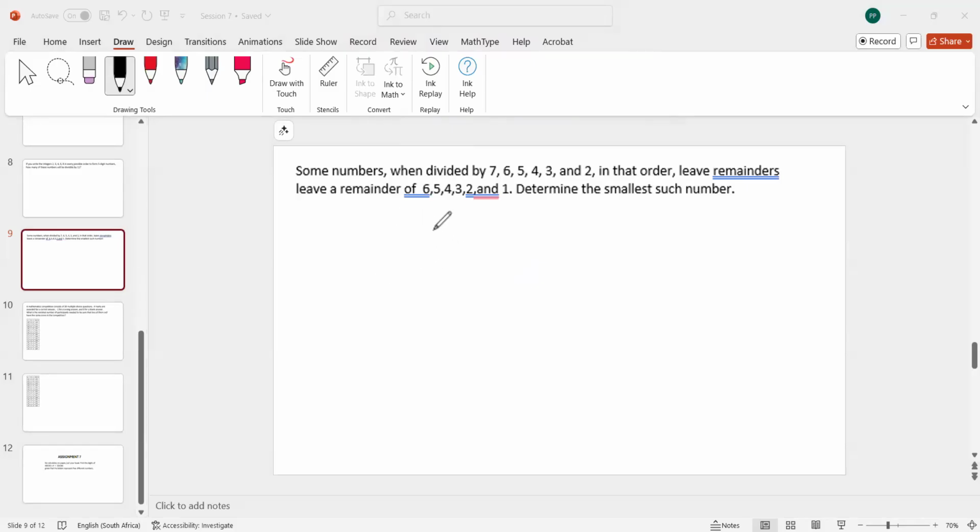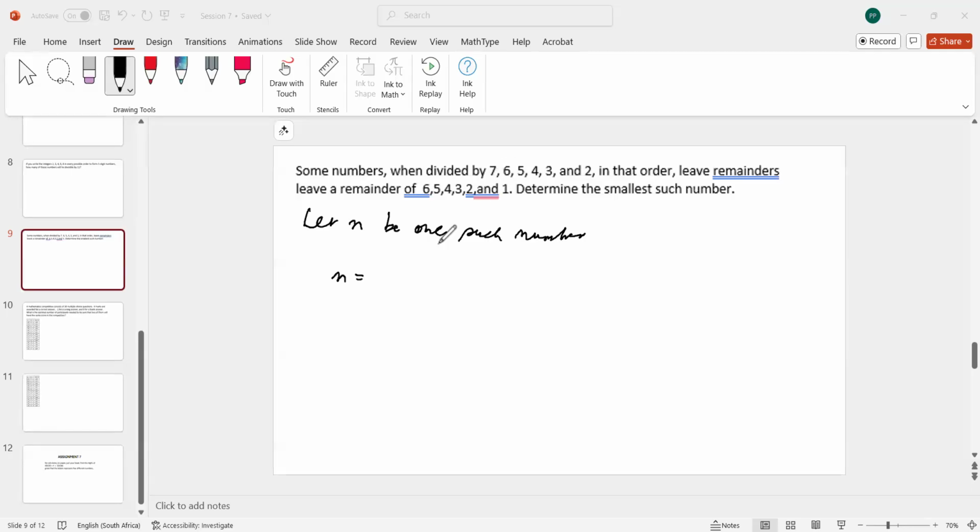Or maybe not. So what happens is, when you divide by 7, let n be such a number. We want such a number. Then what do you have? You have n.